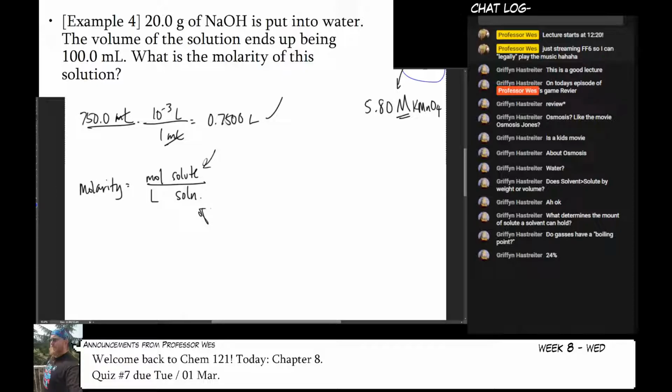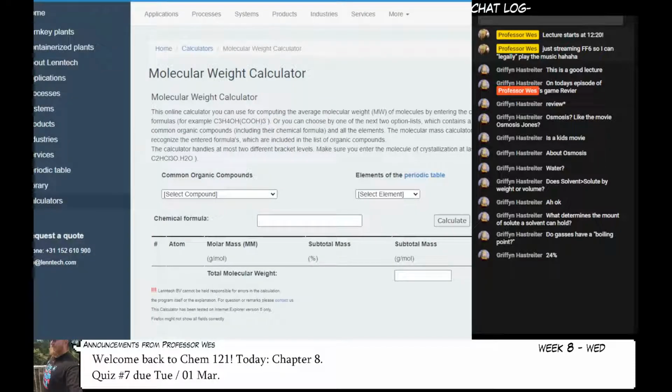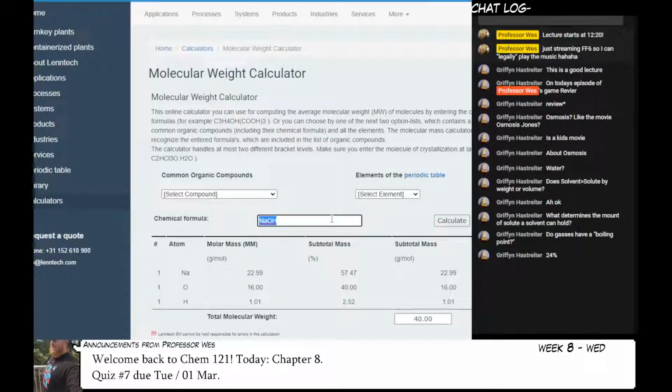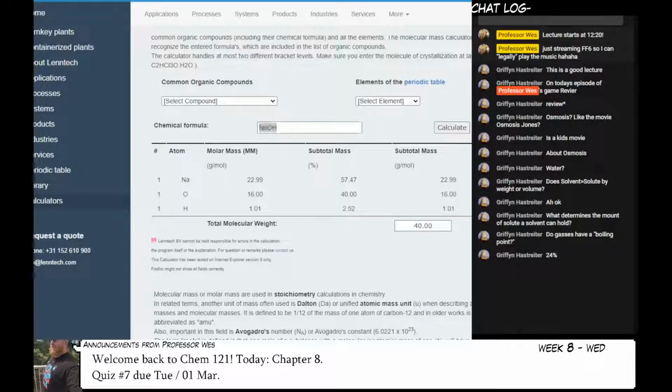All right, so I need the number of moles of solute, but I have the number of grams of sodium hydroxide. Well, if I go over to Lenntech, I can find how many grams per mole there are of sodium hydroxide. So let's capture this. There we go. And we'll type in NaOH. And it says 40 grams per mole.